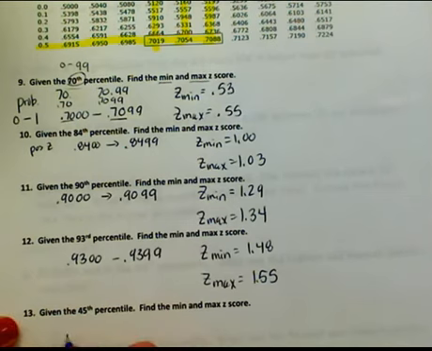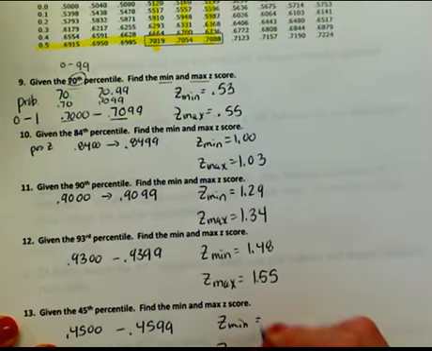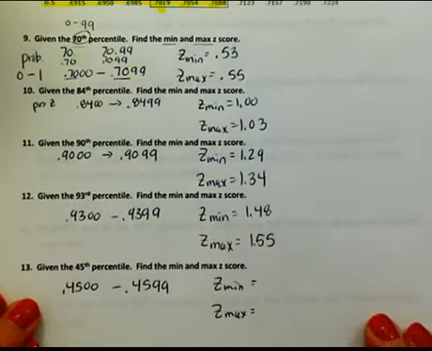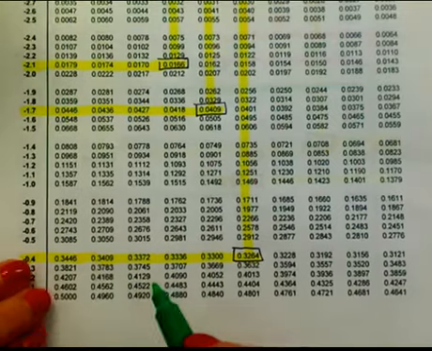Okay, 45th. All right, 45. That's going to be less than 50%, so these are going to be negative z-scores. Let's flip it over. 45 is what we're looking for.